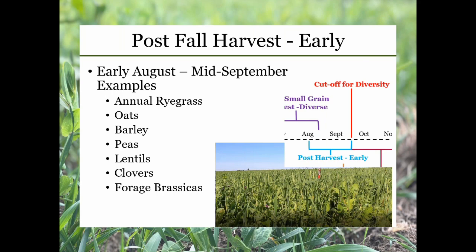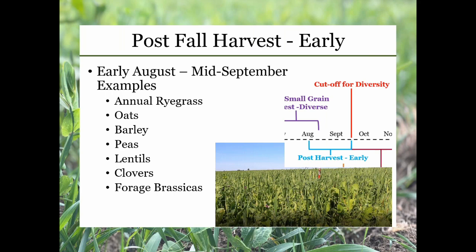Okay, now we're getting into the harvest period. Depending on where we're at, we start to get to a point where the opportunities or the different cover crops that we can use start to diminish. Around the 10th or so of September is typically our cutoff date for being able to add a lot of the diversity. Once we get to early August, I like switching back over to the cool seasons.